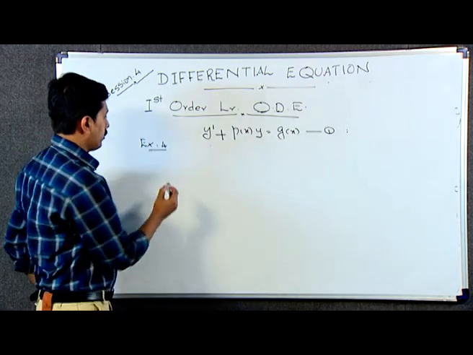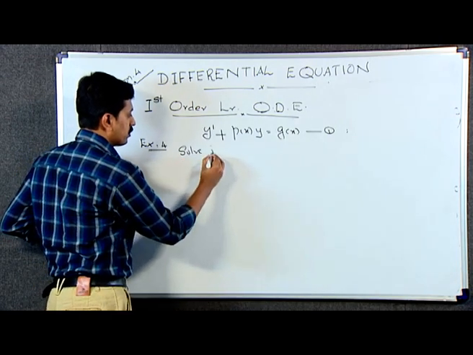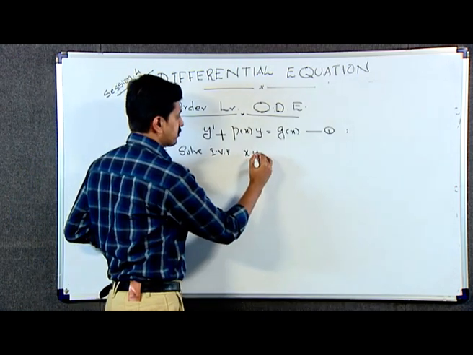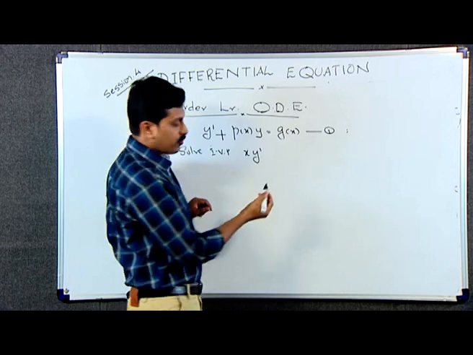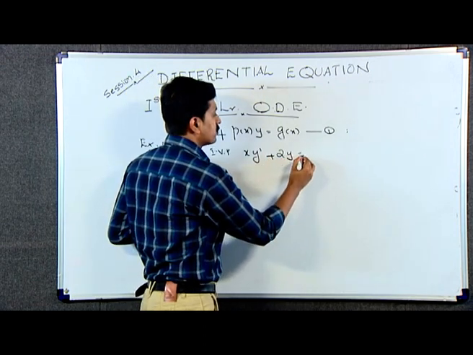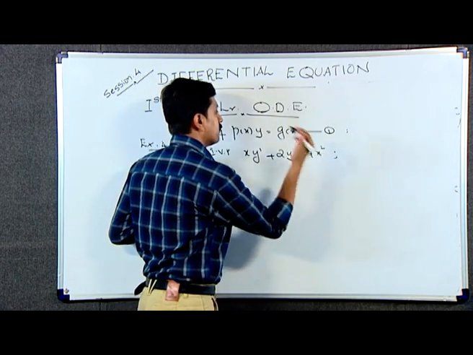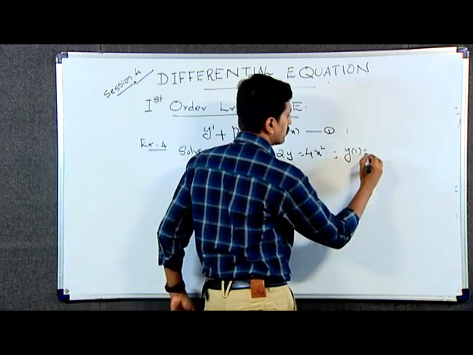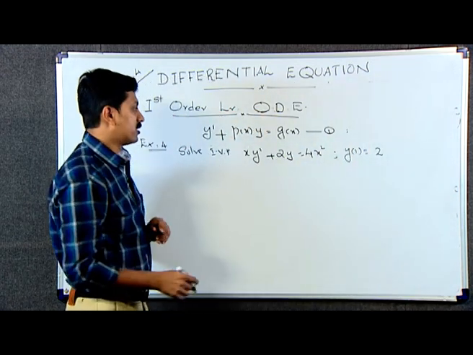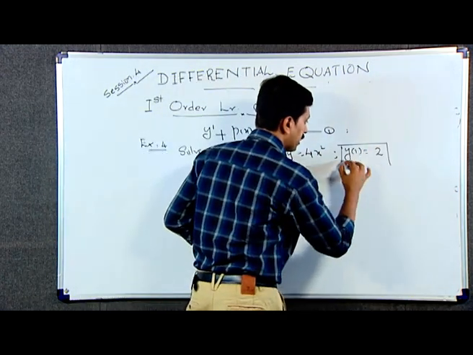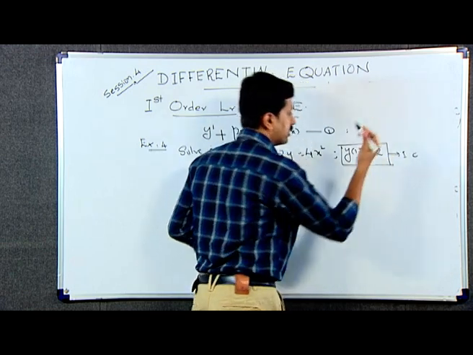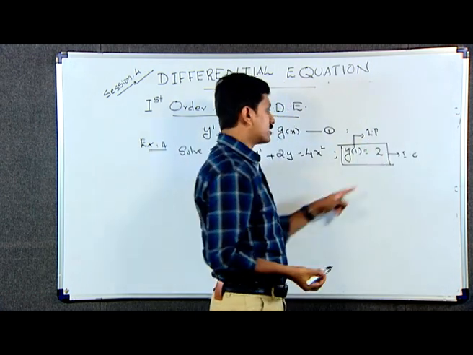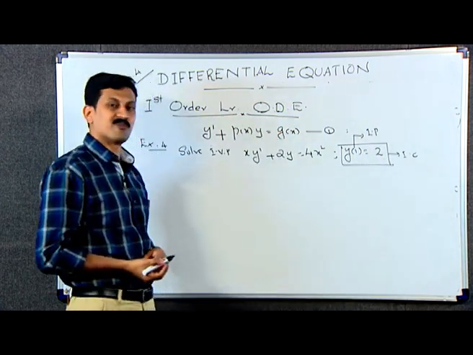Solve the initial value problem x y dash plus 2y is equal to 4x square with the initial condition y of 1 is equal to 2. Here y of 1 is equal to 2 is the initial condition, and 1 is the initial point. 2 is the function value at that initial point.